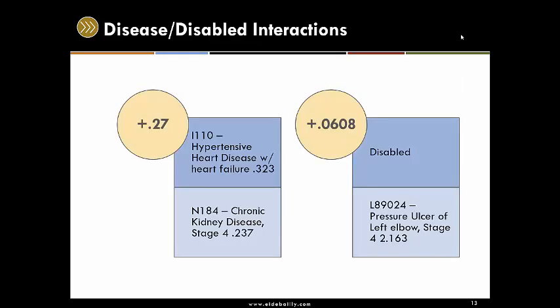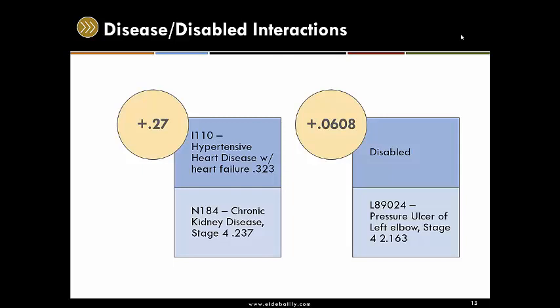Here again is a visual of this disease interaction. If we have a patient that had hypertensive heart disease with heart failure, that's a diagnosis submitted, and then they also had chronic kidney disease stage 4 as a diagnosis submitted, you're going to get a score of 0.323 and 0.237.